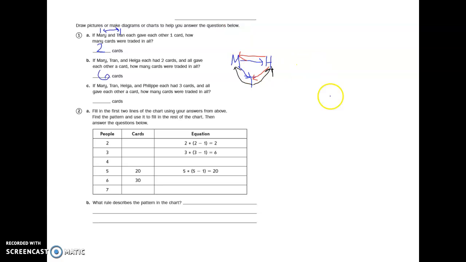You could draw a similar picture to that, showing something like Mary, Tran, Felipe, and Helga. And you can show, here's the first card Mary gives, second card Mary gives, third card Mary gives.